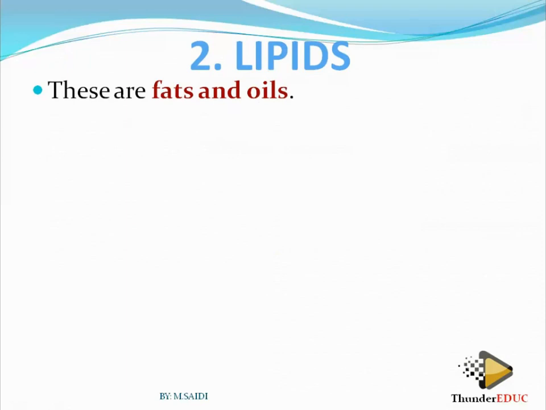Olive oil means it is made from a plant called olive. So when it is solid, then it is a fat, which means it's obtained from animals. When it is liquid, then it is obtained from plants. These are at room temperature.